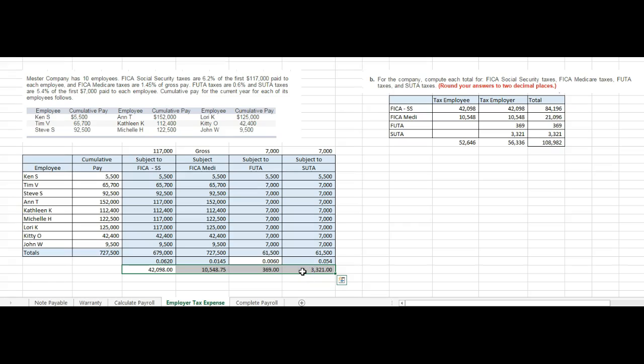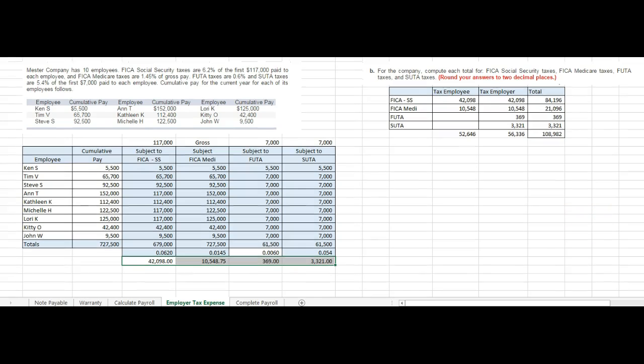So that's an additional part of payroll calculations. And here it is broken down. So this is just one portion. The employee does not pay any of this. This is all employer. This is a cost of doing business.